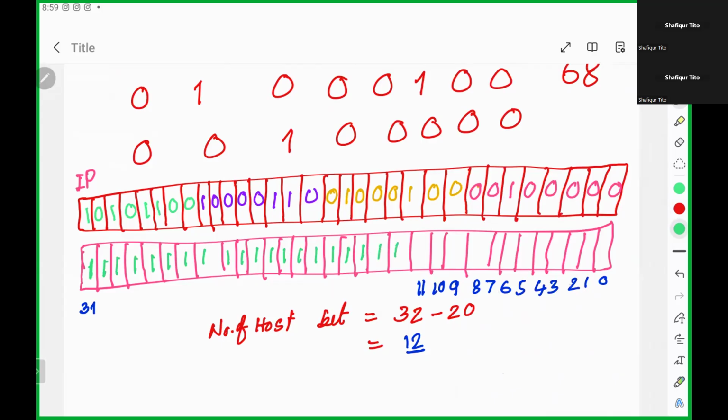And this is my host ID, so the host part. That will be equal to 0. So I will set 0 0 0 0 0 0 0 0 0 0 0 0. So this is my subnet mask.